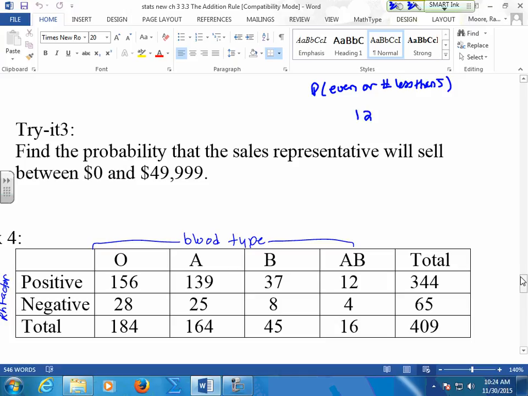Here are my numbers. I've got 3 evens, and a number less than 5: 1, 2, 3, 4. Can I possibly have a probability greater than 1? So this told me I forgot to subtract something.